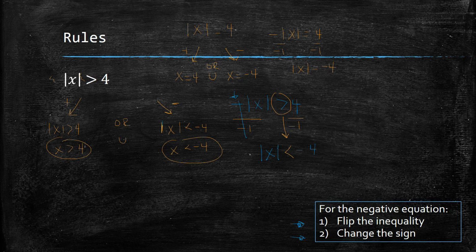So now we have our two solutions. Okay, 1, 2. There's a few ways that you can write it. Here you have x is greater than 4 and x is less than -4. These inequalities can be written in inequality form. Okay, x is greater than 4 but less than infinity. Okay, this one is x is less than -4.